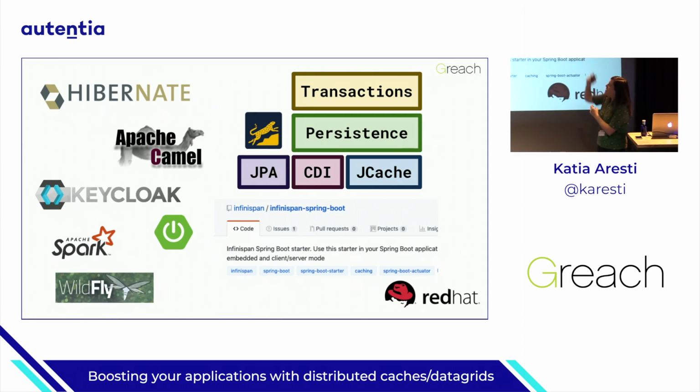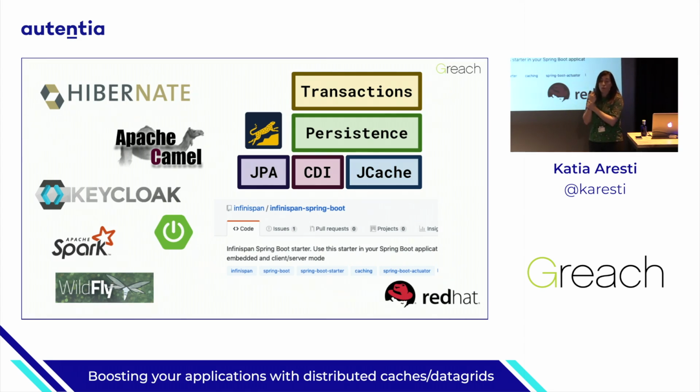So Hibernate, Apache Camel, Keycloak, Spark, we are doing integrations with all those frameworks. With Infinispan Spring Boot, I've been working on that for the last 6 months, and we are actively maintaining that. Infinispan can implement JCache, CDI, JPA.